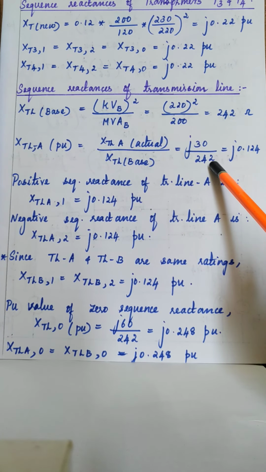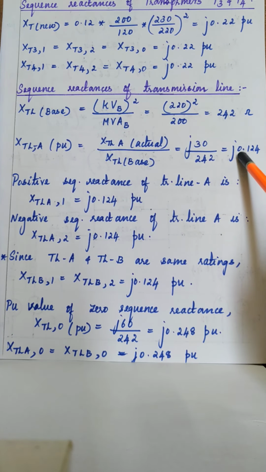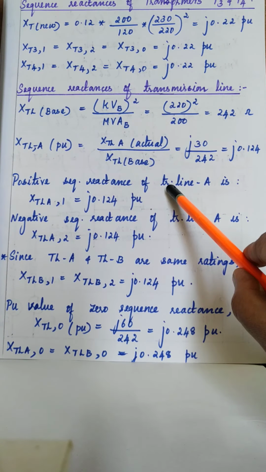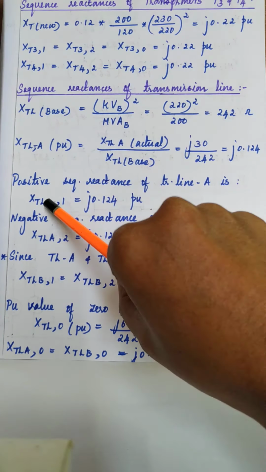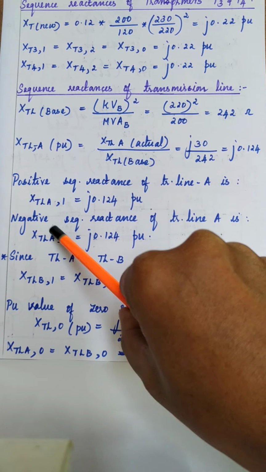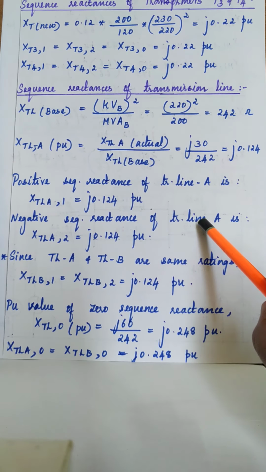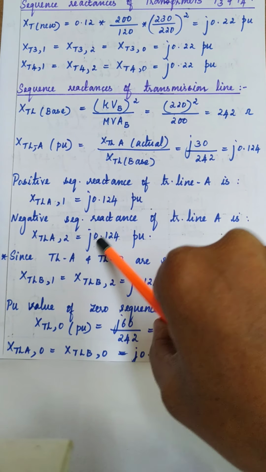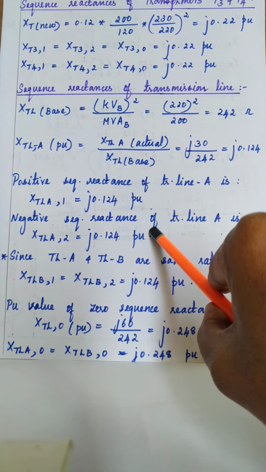Actual is j30 by 242, which is j0.124. Okay. So now positive sequence reactance of transmission line A, XTLA comma 1. Negative sequence reactance of transmission line A, XTLA comma 2 is equal to j0.124 per unit.